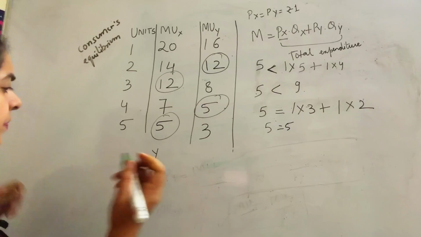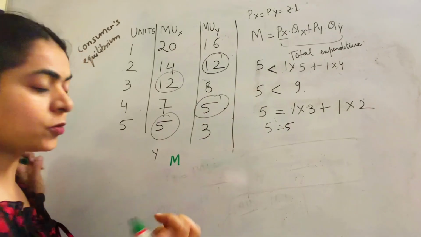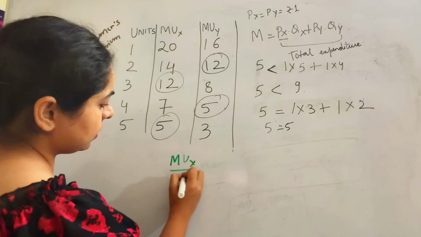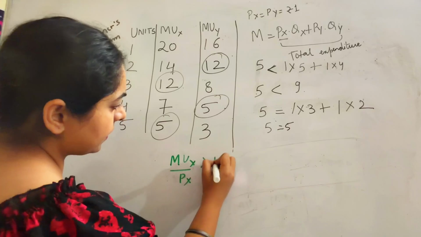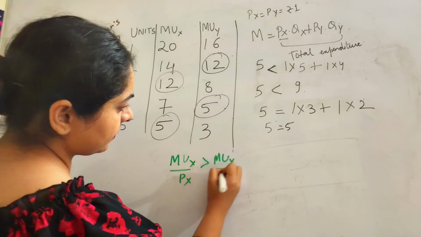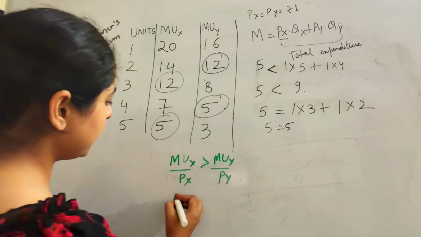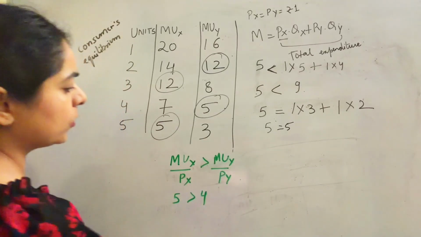Now let's say in the question a condition is mentioned where MUX upon PX is greater than MUY upon PY, or let's say the ratio of MUX upon PX is 5 and the ratio of MUY upon PY is 4.